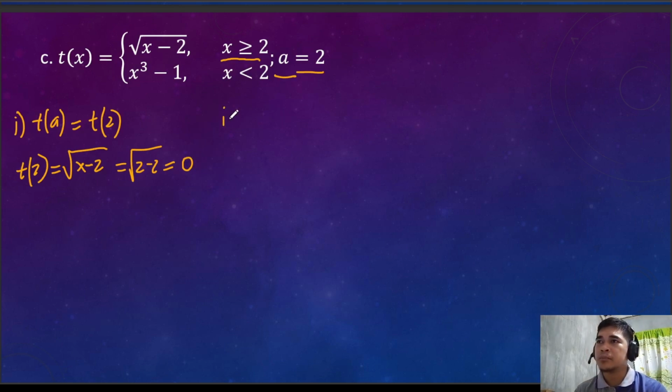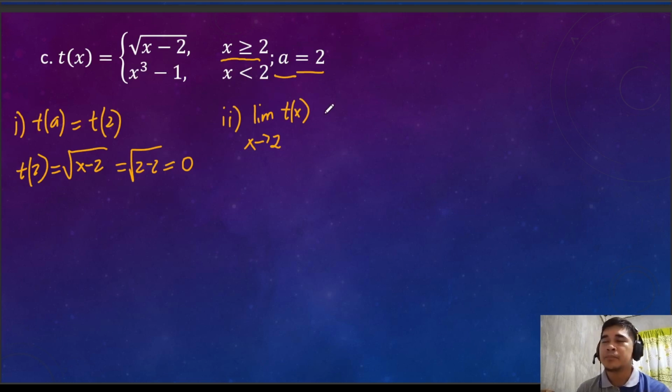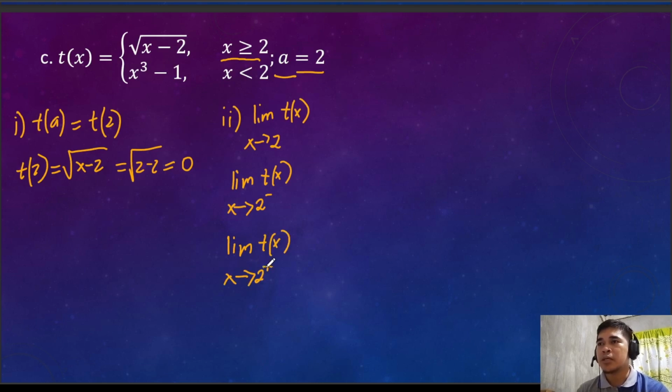Next is the second one, the limit of our t of x as x approaches 2. So take note, we have x is greater than 2 and x is less than 2. So we need to find our limit of t of x as x approaches 2 from the left, and the other one is the limit of t of x as x approaches 2 from the right.